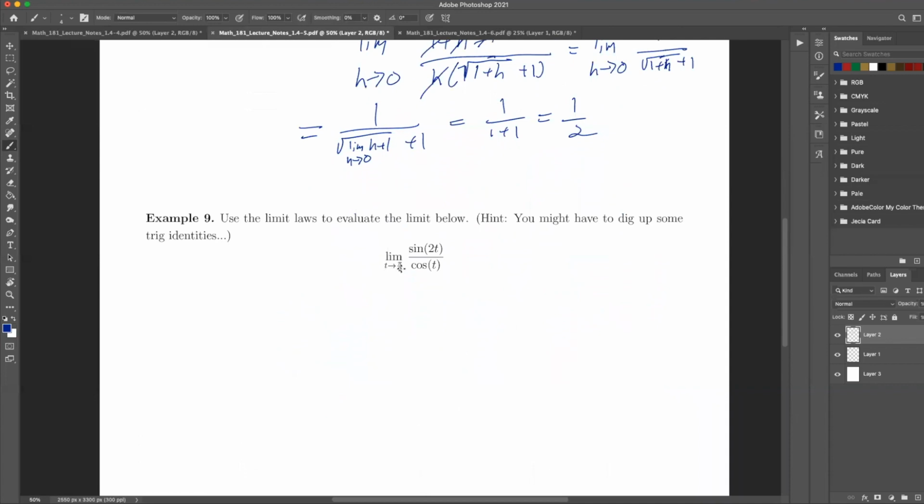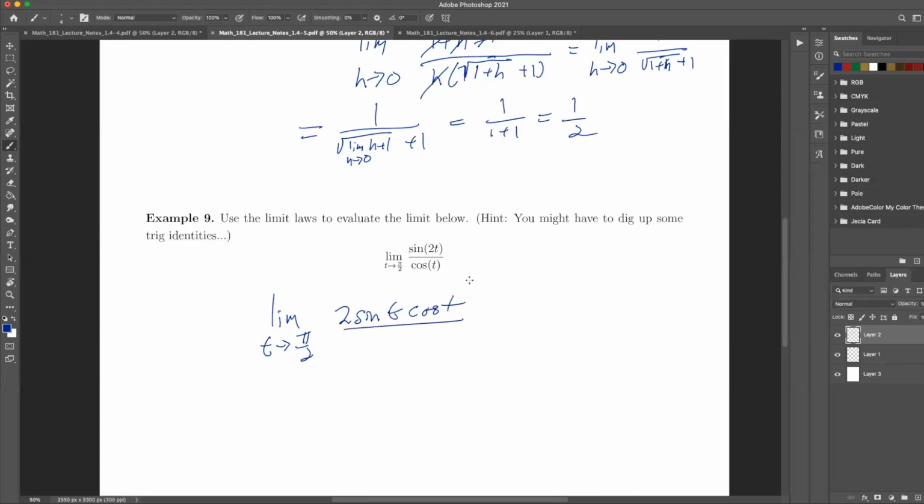Can I plug in pi over 2? No, cosine of pi over 2 is 0, so I'm not allowed to do that. But what I am allowed to do is cancel. And that's what you're going to find out to be true for most of these problems. You're just going to do some arithmetic and cancel. So sine of 2 theta, or in this case sine of 2t, is equal to 2 sine t cosine t.